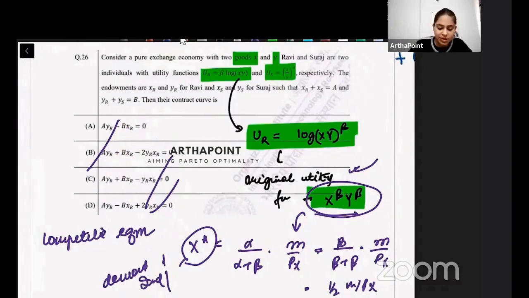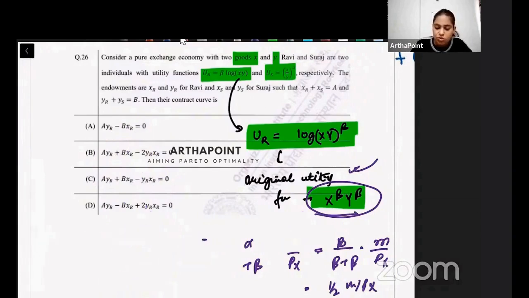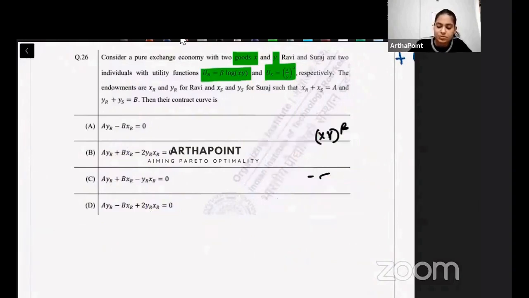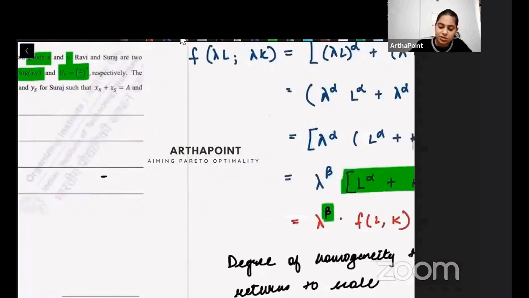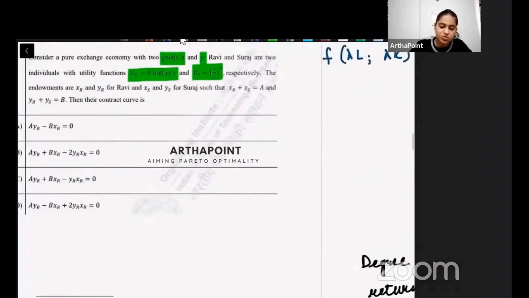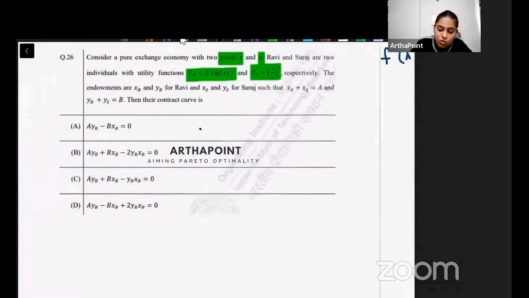Okay, let's come back to the question. So you're given this utility function. Let me show you how to do it. Let's do it here. So UR is beta log xy. पहले ध्यान से जहां पे भी UR है, so that you don't get confused later on, make it XR and YR.